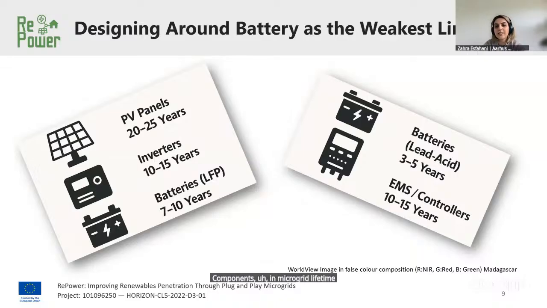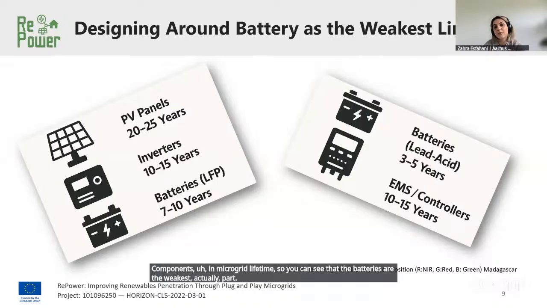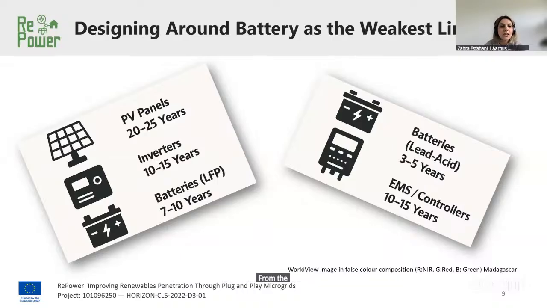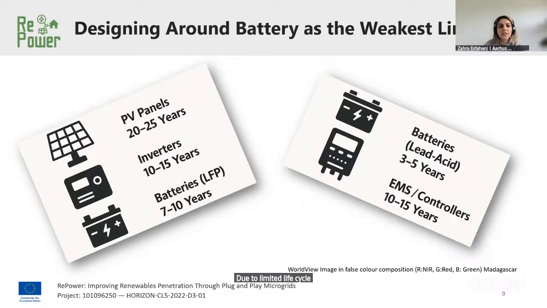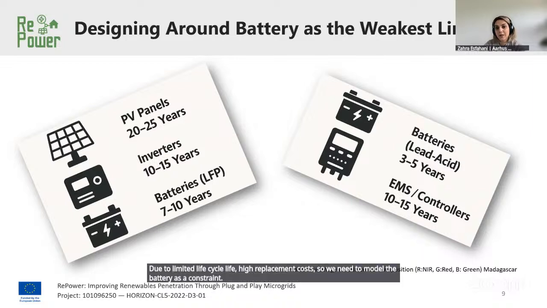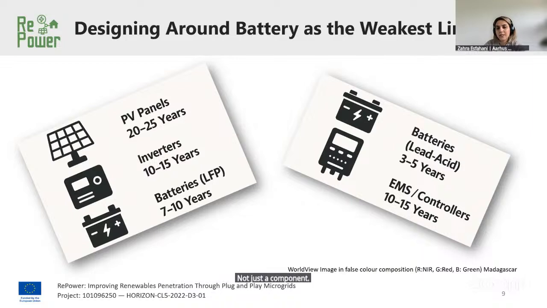So you can see that the batteries are the weakest part from the lifetime point of view. Batteries are often the weakest link due to limited cycle life and high replacement costs. So we need to model the battery as a constraint, not just a component, so we design the system to reduce overuse and extend operational years.